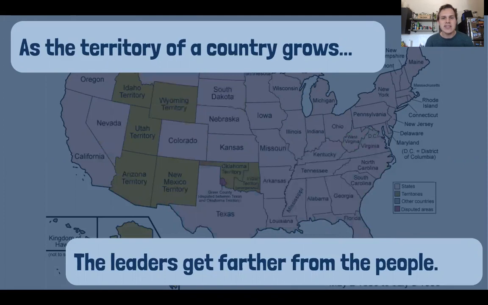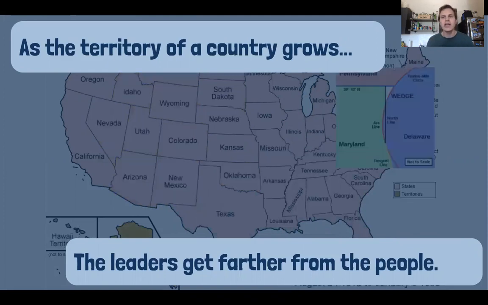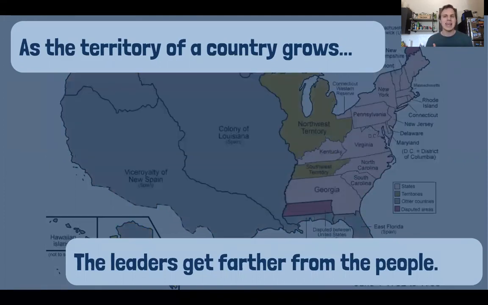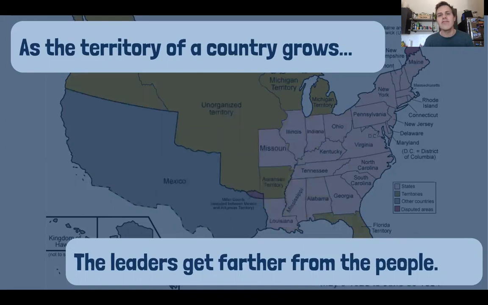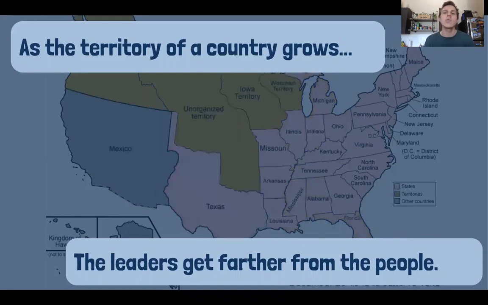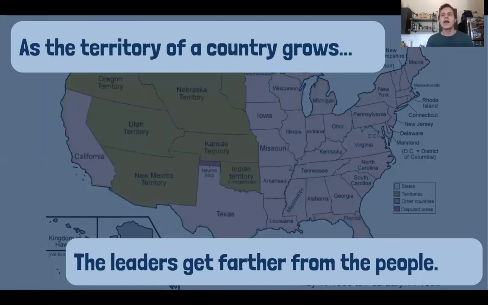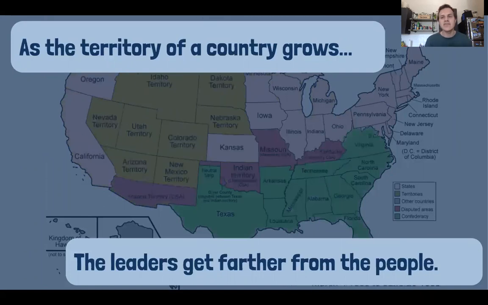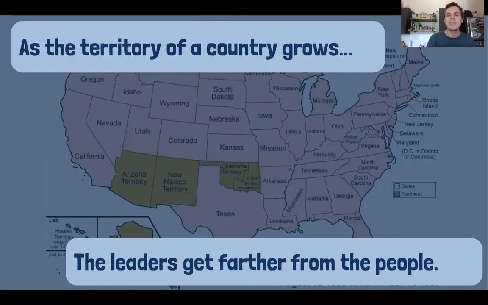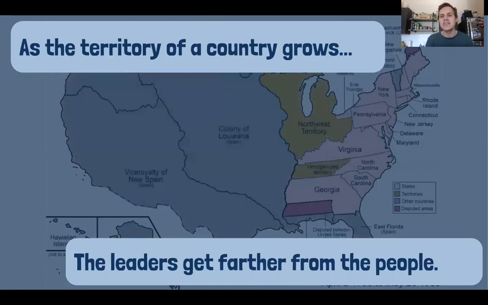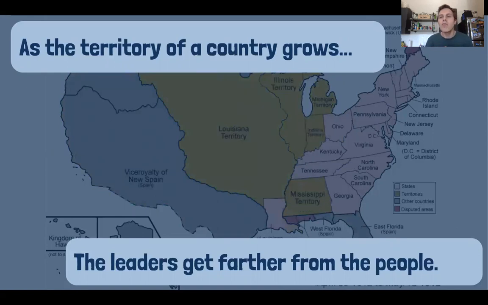And these leaders, as a country grows in territory, it also grows in population. And you can't possibly hope to represent all of the people of such a large country, even with a representative Congress. And this is what Brutus ultimately advocates for. Not state sovereignty for the sake of state sovereignty, but local control. That by dividing up, by slicing up that pizza, you actually create a system where people's leaders are more responsive to the people they're supposed to lead.